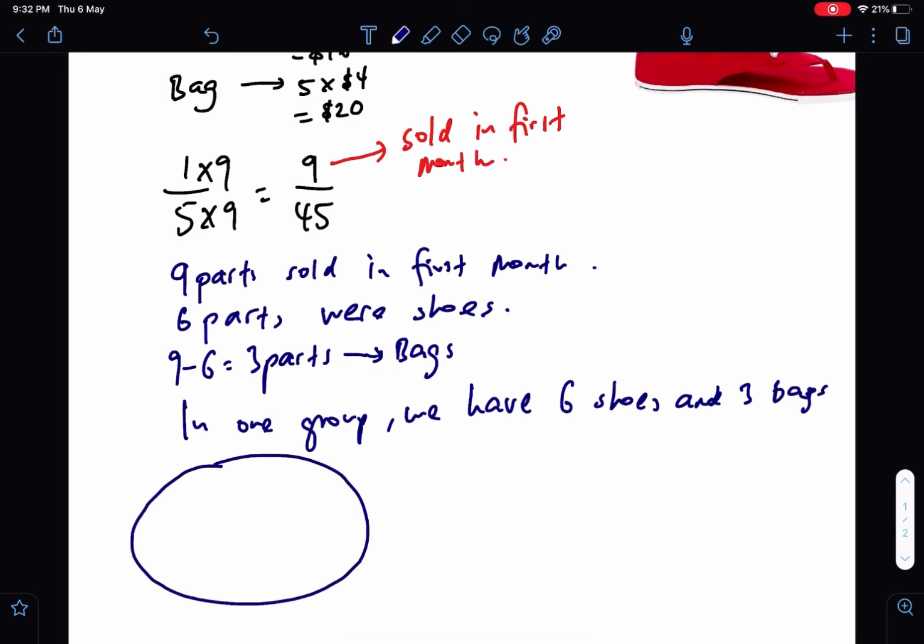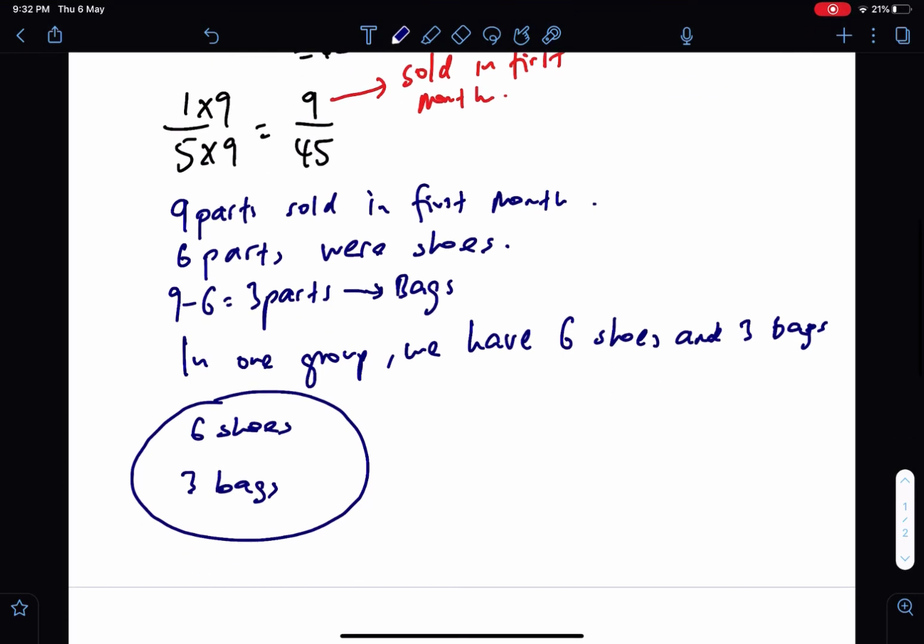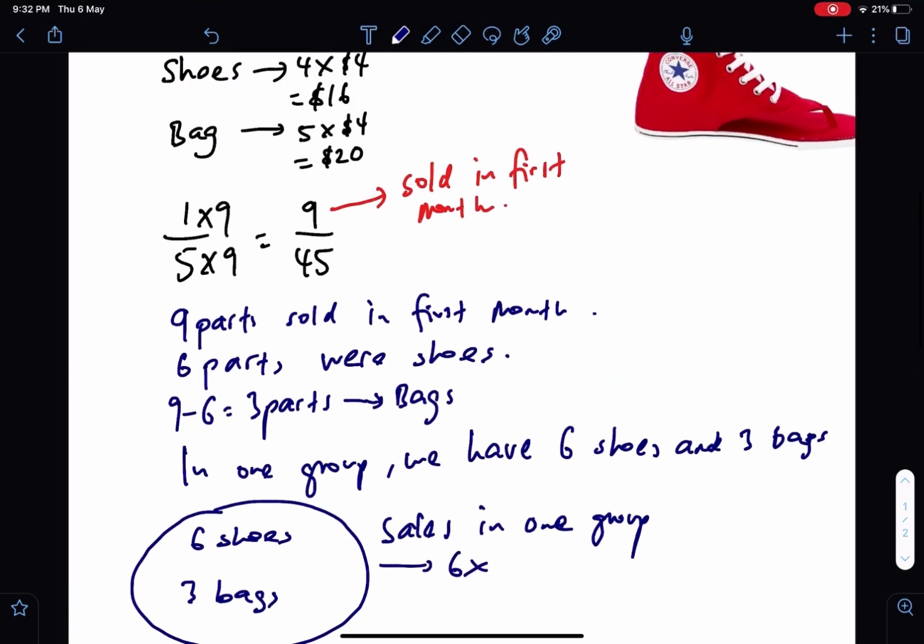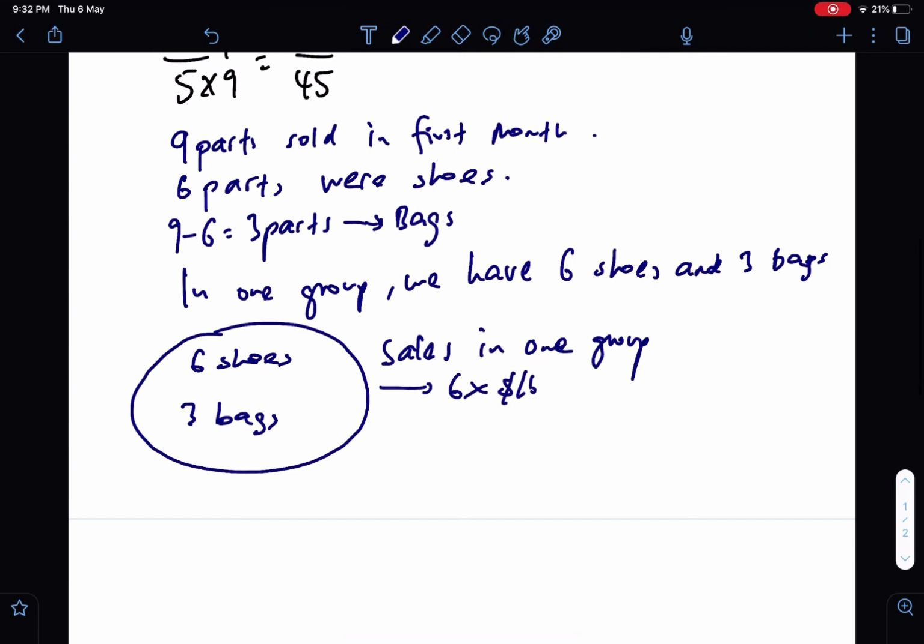Let's see how much the sales in one group alone are. 6 times the cost of shoes, $16, plus 3 multiplied by the cost of bags, $20 each.